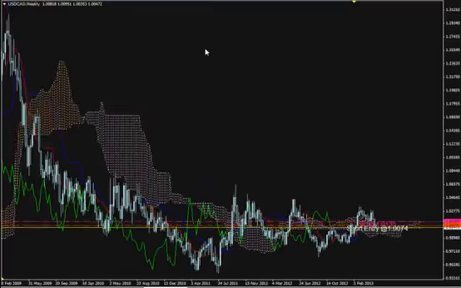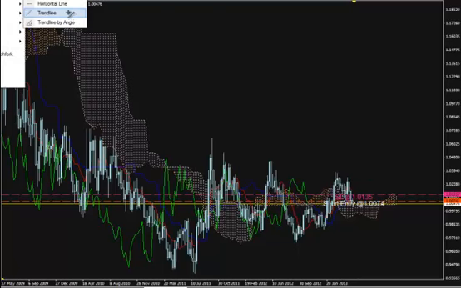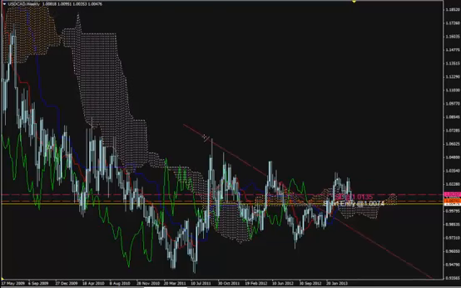Weekly chart. On the weekly chart, we see that Kumo is horizontal. We have this consolidation triangular formation. Let me put my trend lines here to help you see what I see.